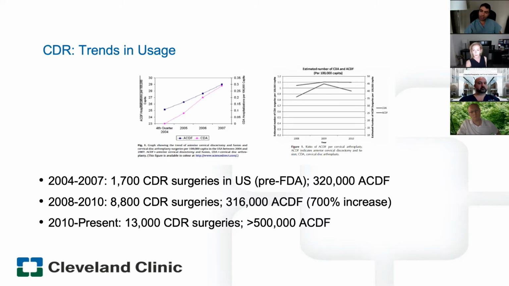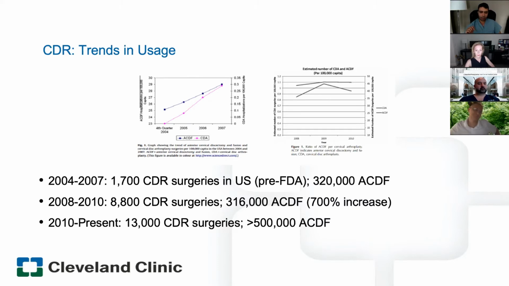Now look at between 2008 and 2010, basically the first 2 to 3 years this device was approved by the FDA. It went from 1,700 to 8,800, okay? While the number of ACDF procedures were relatively stable, 316,000. So it was a huge increase in the amount of arthroplasties that have been done.